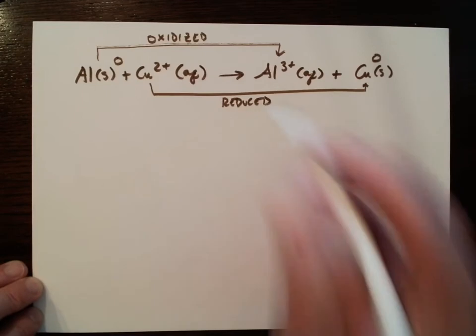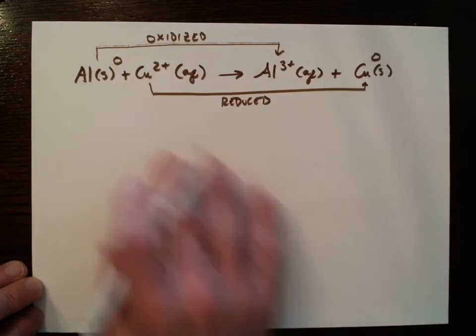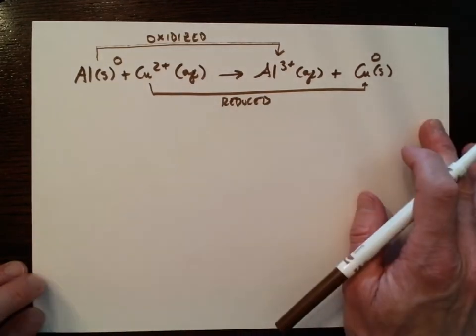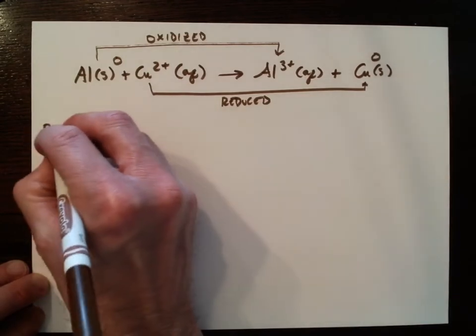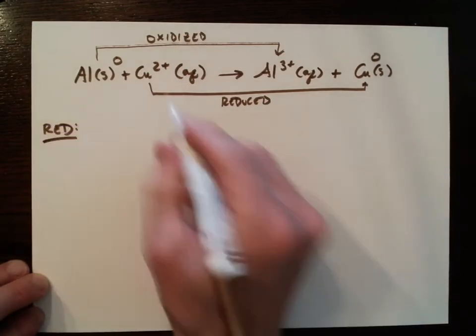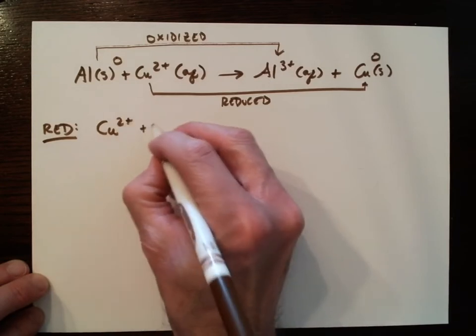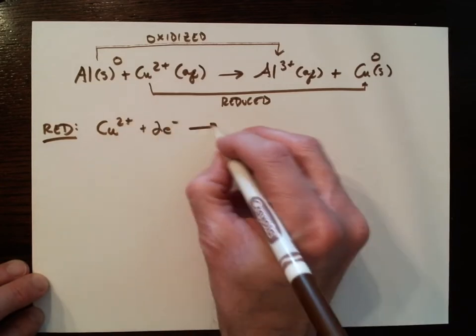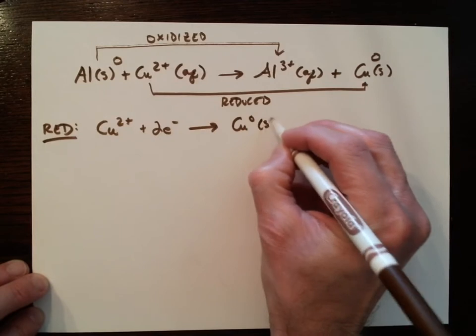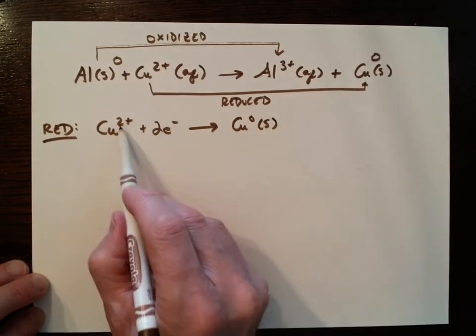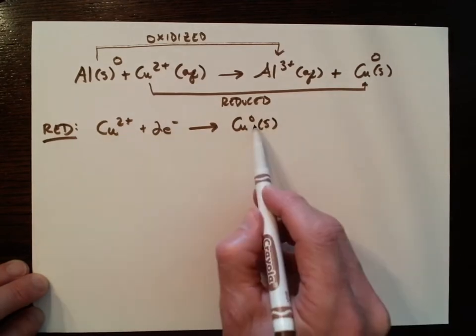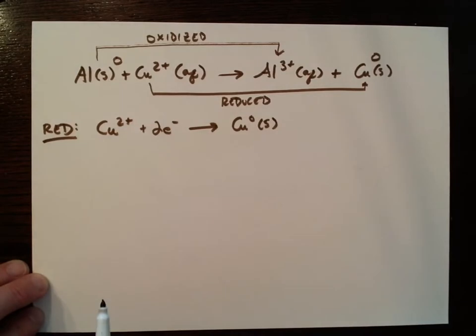Now I'm going to write this as two half reactions. I'll write the reduction half reaction first. And this is how I'll do it. Copper 2+ is going to need 2 electrons to go to copper 0, right? 2+ and 2 electrons, that's going to give me an oxidation number of 0.